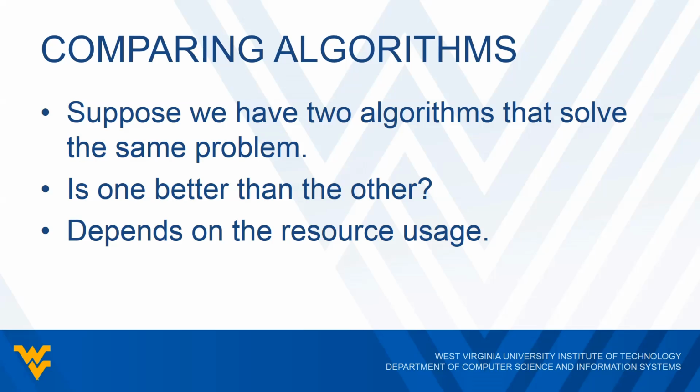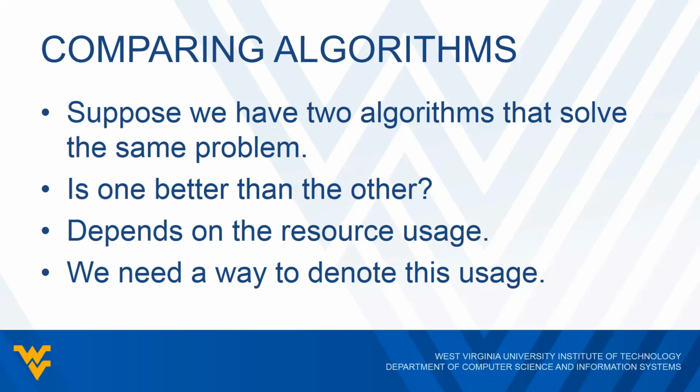How much space do both algorithms use? If we can determine the resource usage of both algorithms, we can compare the two and decide, is one better than the other? Is one faster than the other? Is one more memory efficient than the other? So it really comes down to the resource usage. But if we're going to do that, we need to decide how we notate that. We need to find some way to denote the resource usage.